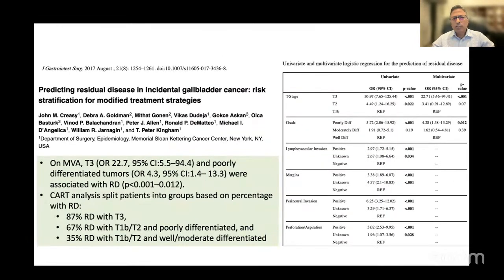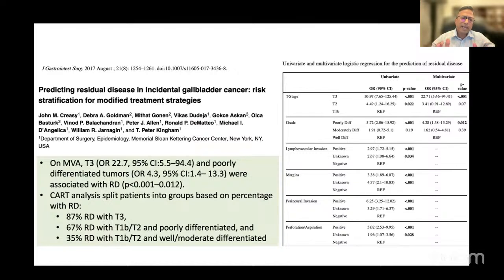The Memorial Sloan Kettering group, in the quest to find out whether we can predict that there is any residual disease following a detection of incidental gallbladder cancer, analyzed their data, a large number of patients, and on multivariate analysis, they found that T3 disease or poorly differentiated tumors were associated with a very high incidence of residual disease.